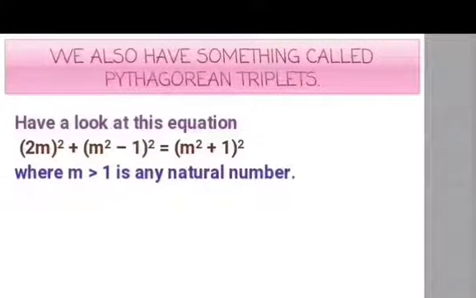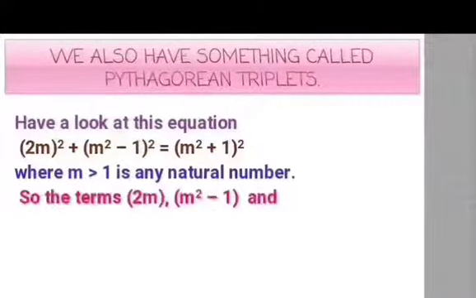Let's proceed further to the next topic, Pythagorean triplet. Now here we have two words, Pythagorean and triplets. When I am talking about Pythagorean, it means I am having a right angle triangle. Another word is triplets. Triplet means 3 numbers.